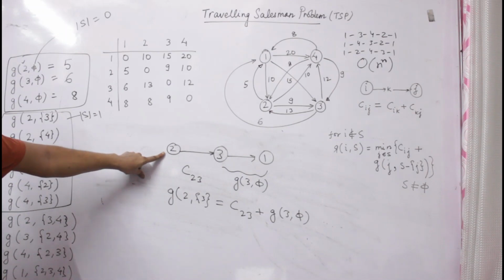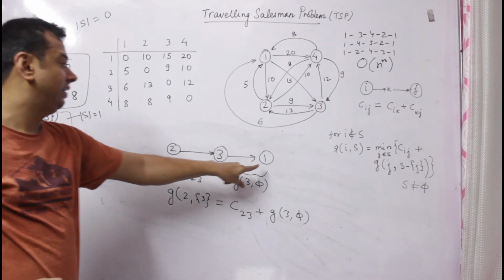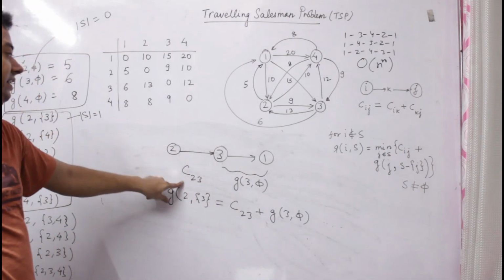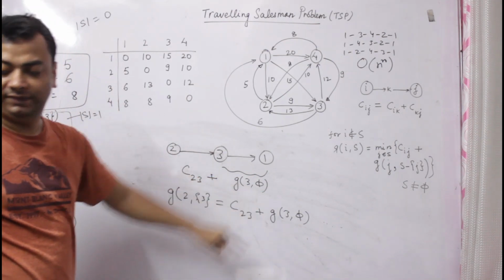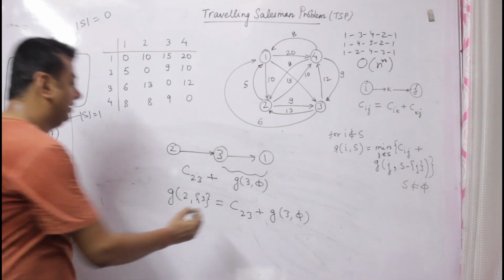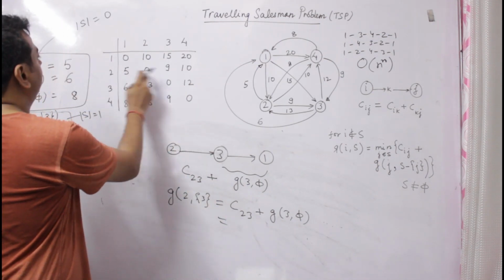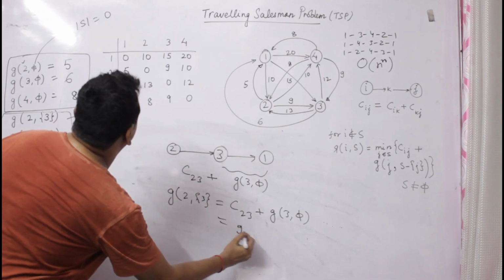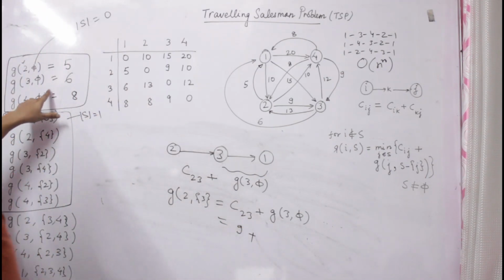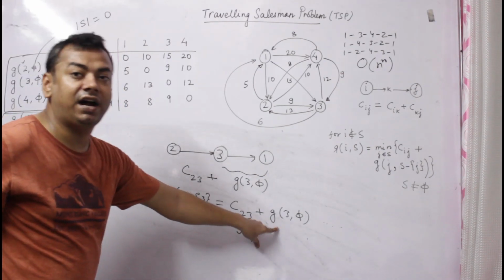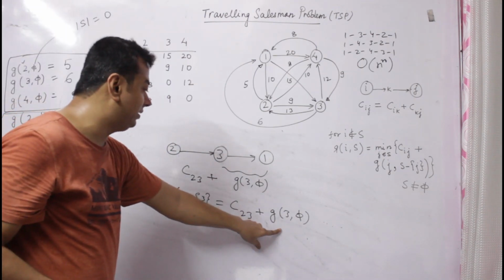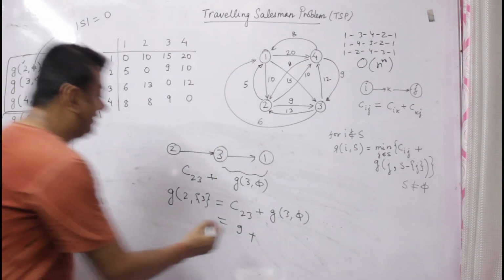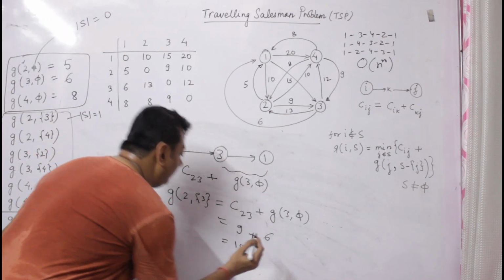If we are at 2, we go via 3 and come back to 1. This is C23 plus G of (3, {5}). C23 is 9 plus G(3, {5}). Now we look up our table: G(3, {5}) is 6, which gives 15.